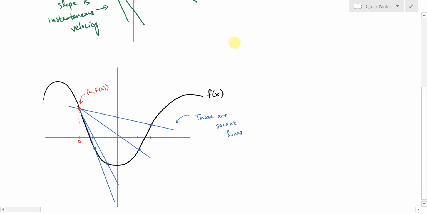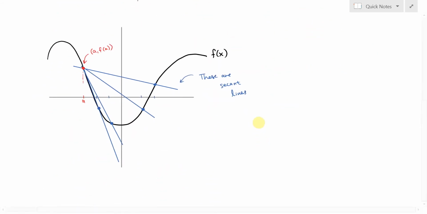So I've drawn some secant lines here. We have a certain point right there on the graph, and we have the line between our point of interest, a comma f of a, and this point. If this is our b, then this would be the point b comma f of b, of course, because it lies on the graph. So we'd be looking at the slope of the line passing between a comma f of a and b comma f of b.